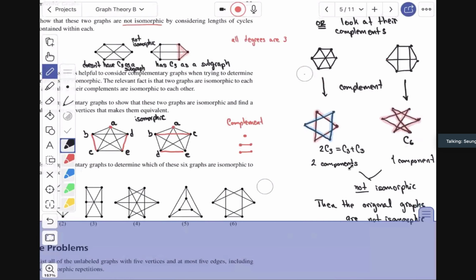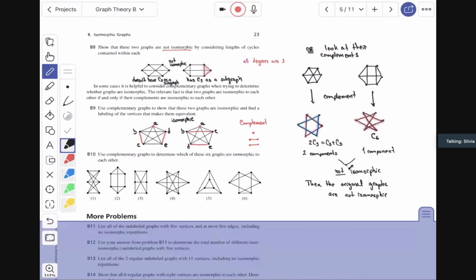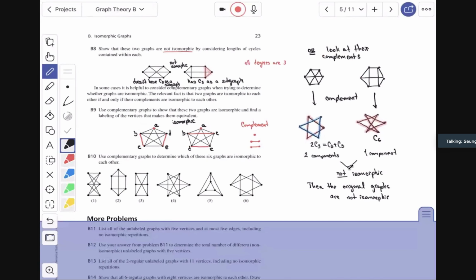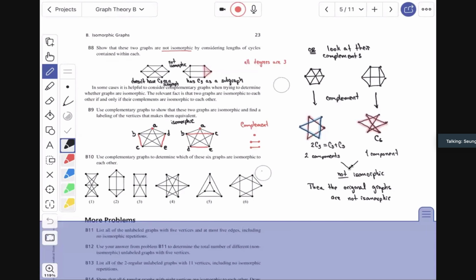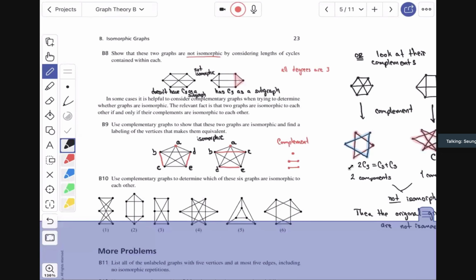Right. Professor, just real quick. Yeah. So in order to determine the two graphs are not isomorphic, we're going to see the subgraphs. Is there anything different in the subgraphs? And in the other cases, we're looking at their complement, and we found that one has two components, and the other has one component.